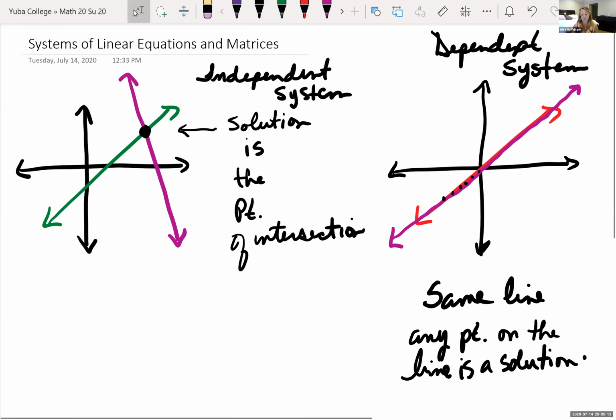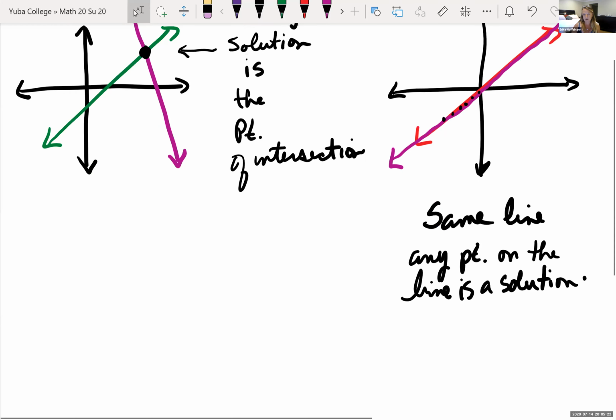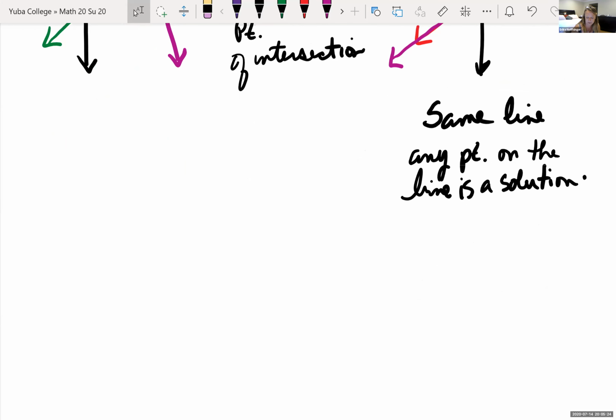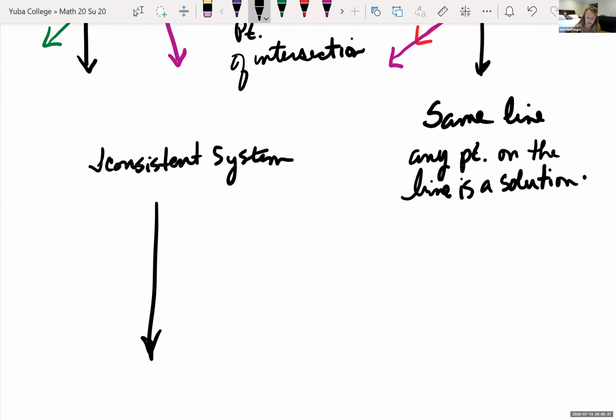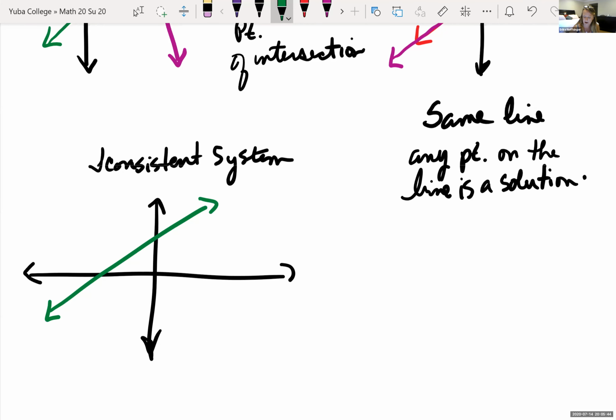So both independent and dependent, you might also hear that they're consistent systems, meaning that they have a solution or solutions. The other one is an inconsistent system. And what would happen is when you graph these, they ended up being parallel lines, but with different y-intercepts.